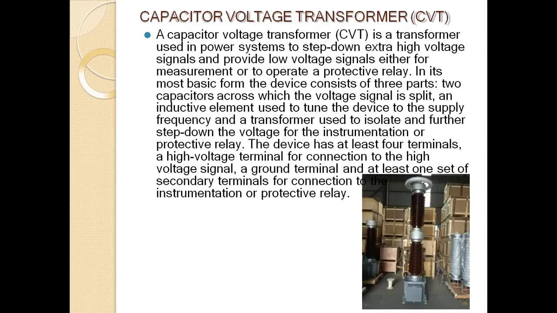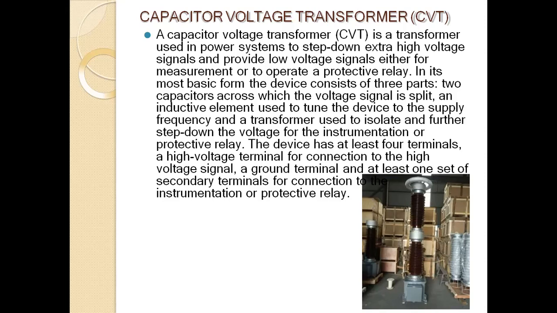The most basic form of the device consists of three parts. Two capacitors across which the voltage signal is split. An inductive element used to tune the device to the supply frequency, and a transformer used to isolate and for the step down of the voltage for the instrumentation or protective relay.